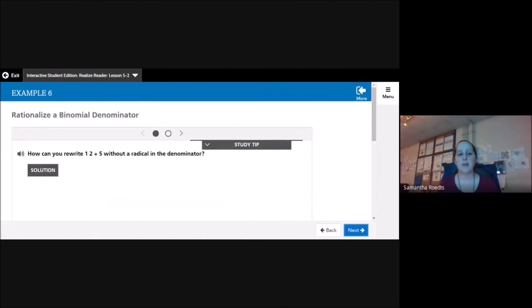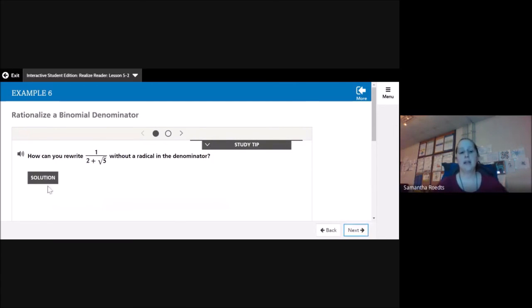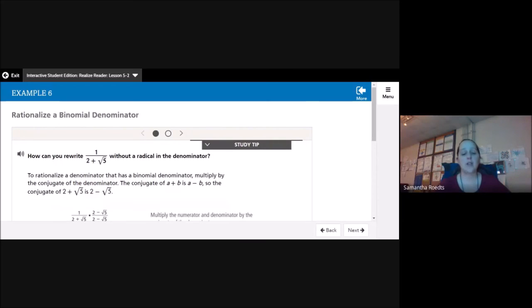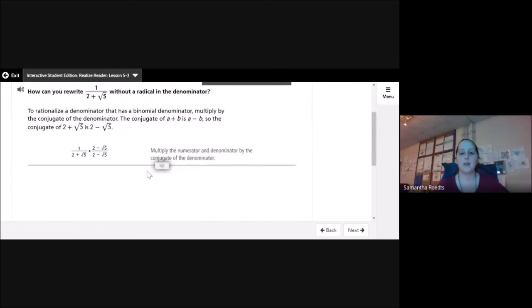All right, example 6, rationalize a binomial denominator. How can you rewrite 1 over 2 plus the square root of 5 without a radical in the denominator? To rationalize a binomial denominator, multiply by the conjugate of the denominator, like we did back in chapter 4. The conjugate of a plus b is a minus b, so the conjugate of 2 plus the square root of 5 is 2 minus the square root of 5.